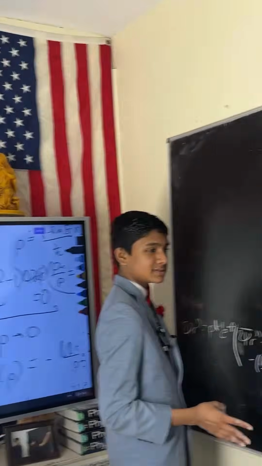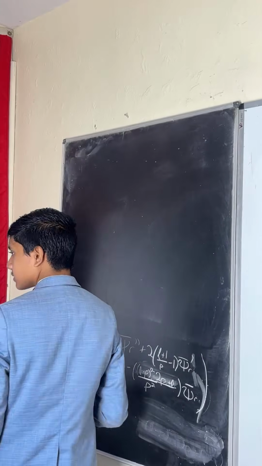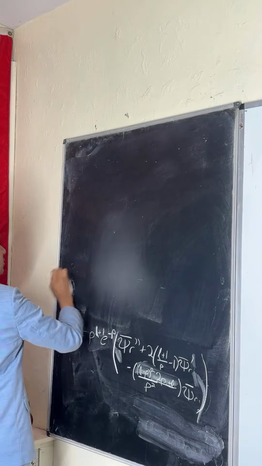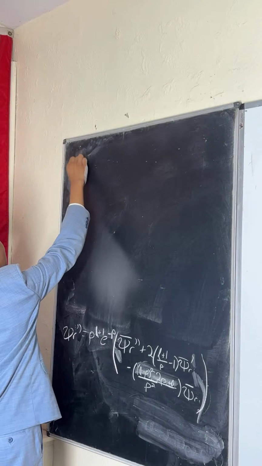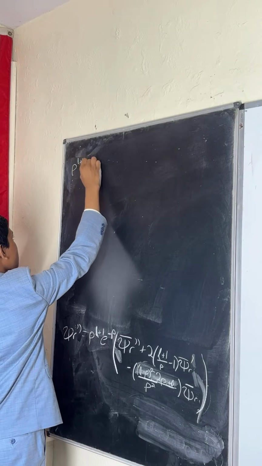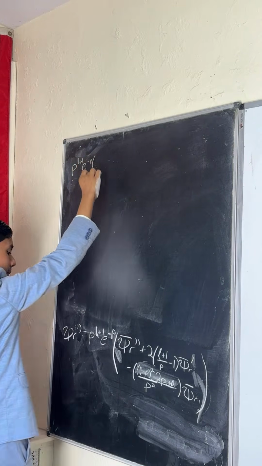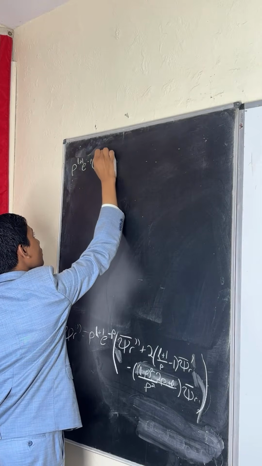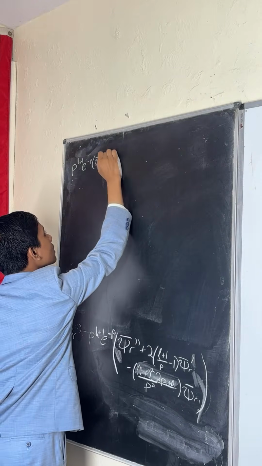Okay, now what happens? Well, you plug this in and you get rho times L plus 1 e to the minus rho multiplied by psi r over line double prime.